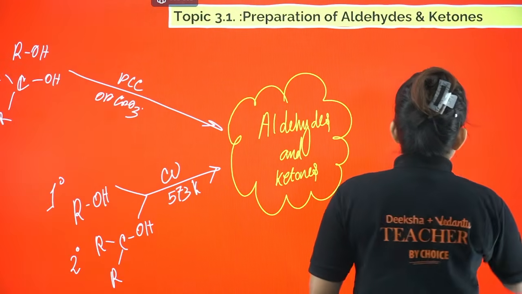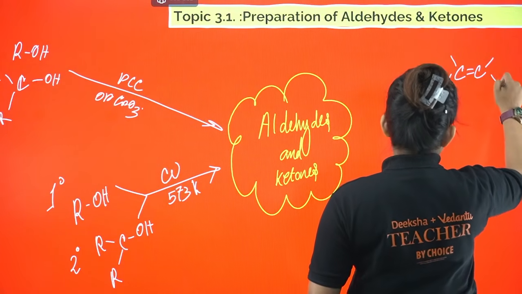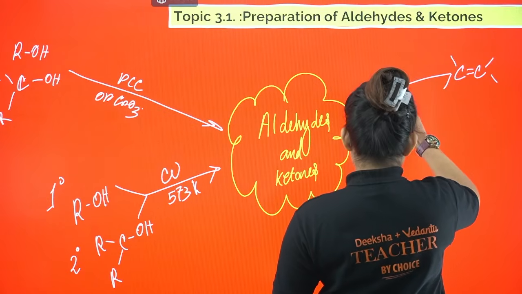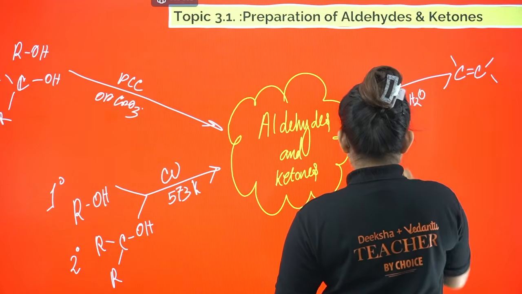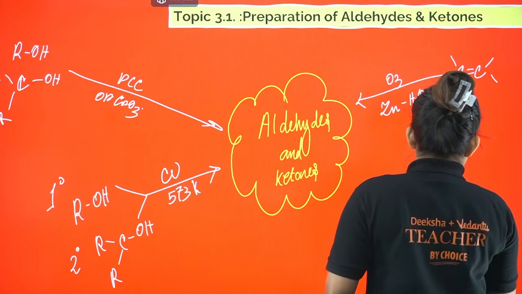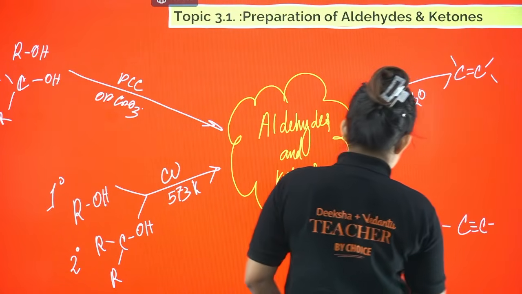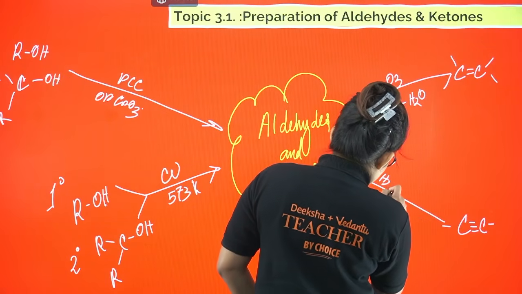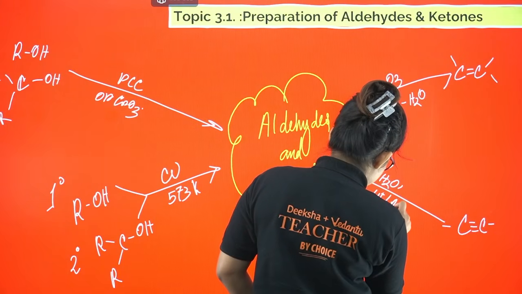Now from the hydrocarbon, let's say I am having C double bond C, alkene group. I can simply proceed with the ozonolysis reaction. I can give O3 and Zn in presence of H2O, and I will end up with either aldehyde or ketone. Let's say I am starting with alkyne. Let me give H2O in presence of H plus and Hg2 plus.